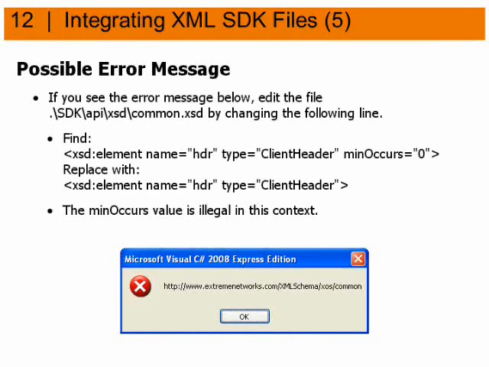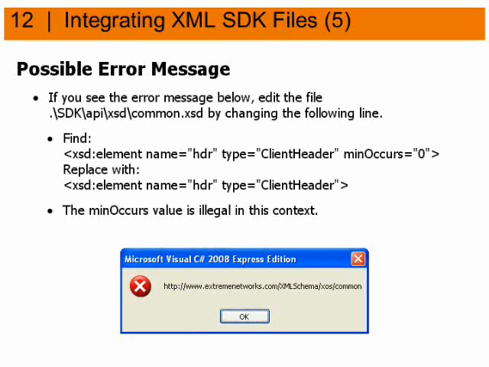Unfortunately, there is a bug that you may encounter as you attempt to integrate the SDK into the Microsoft C# IDE. If you see the error message on the screen as you attempt to integrate the SDK into your project, you will need to edit the file common.xsd.